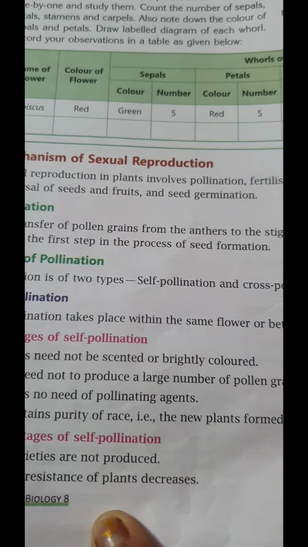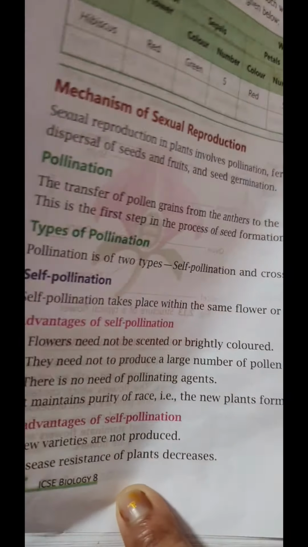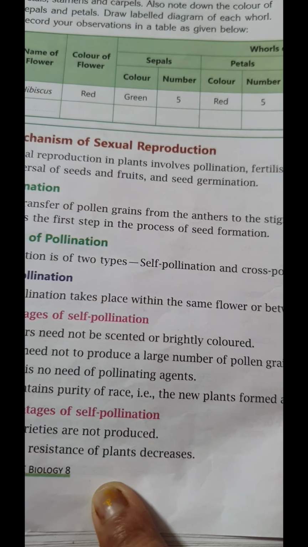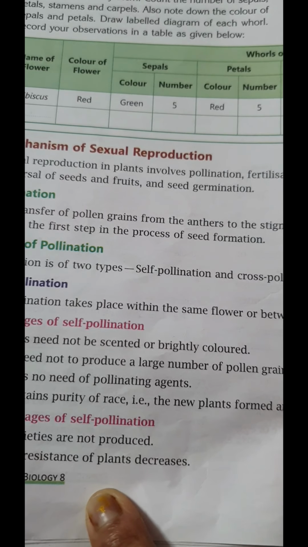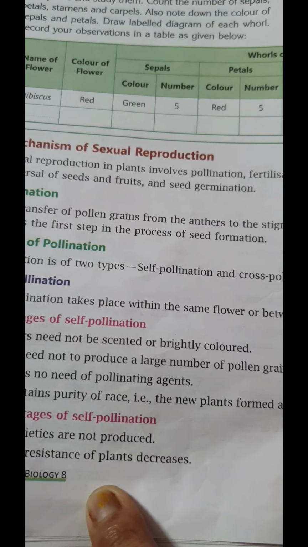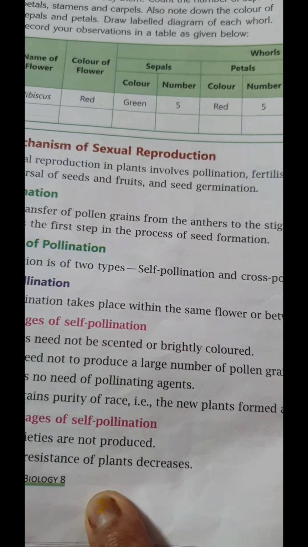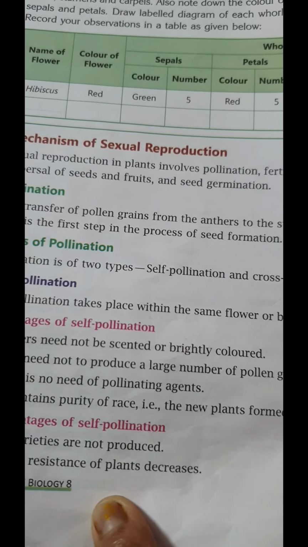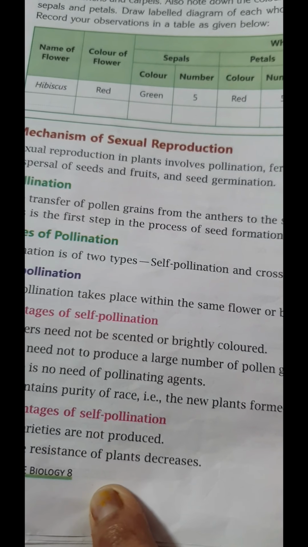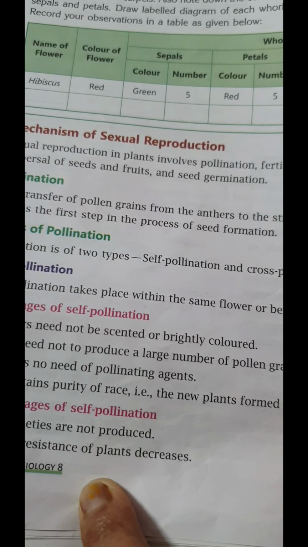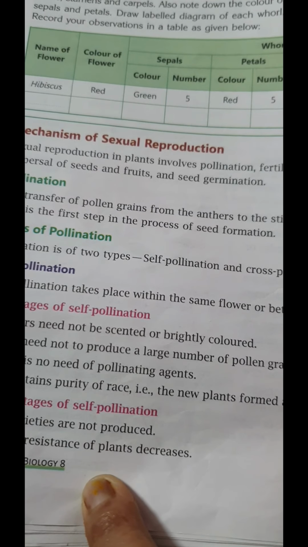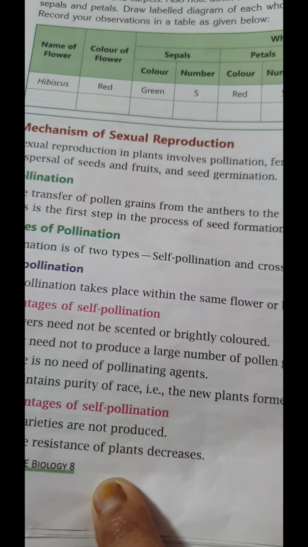The pollen grains which are now matured are transferred from the anther to the stigma.